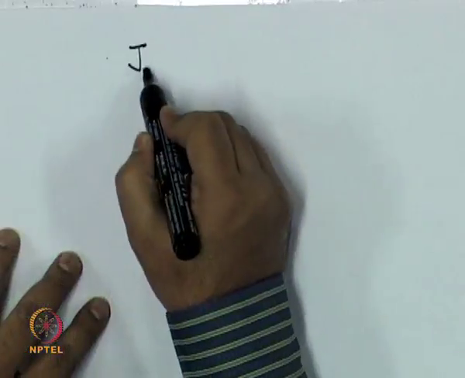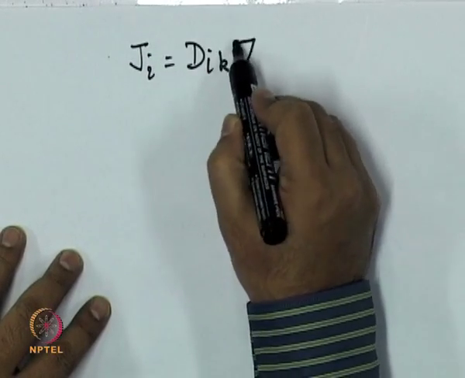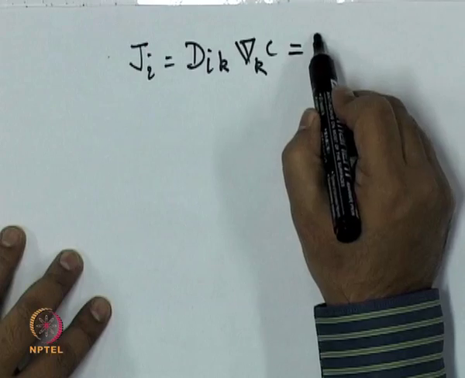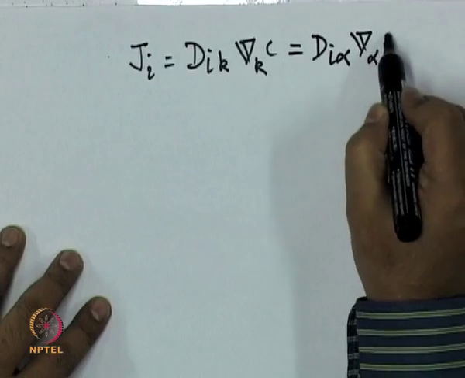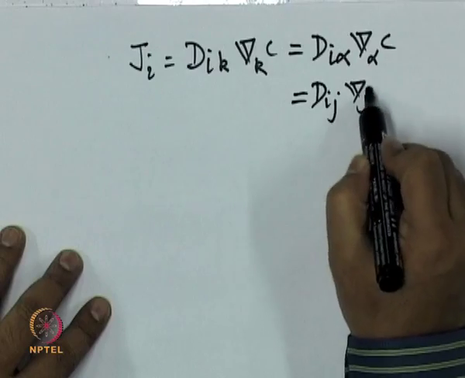It is like, if I am integrating, it does not matter what the integration variable is. So, j_i for example is equal to d_ik del_k c, which is the same as d_i alpha del_alpha c, which is the same as d_ij del_j c.